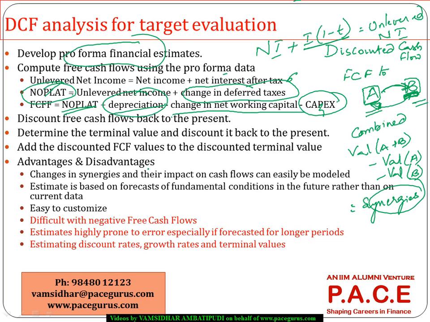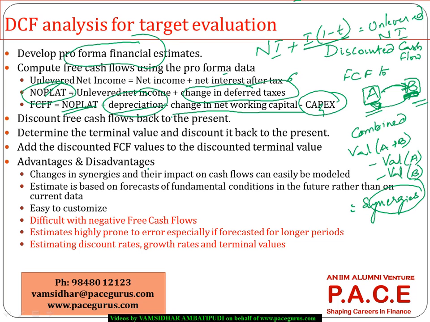And of course, we can even find out the terminal value, meaning forever. Based on the next 5 years of pro forma financial statements, I can assume how the free cash flows are going to grow over a long period of time. From there I can arrive at the perceived growth in the free cash flows year over year, and arrive at the terminal value for these free cash flows.